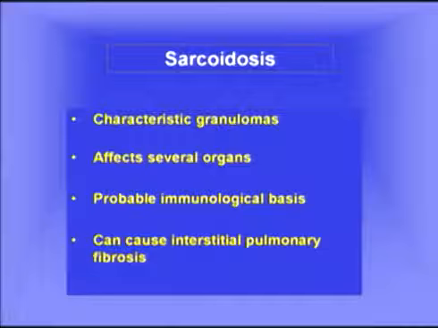Okay, now let's move on and look at other diseases that can cause interstitial fibrosis. I'm not going to go into these in detail because the pathophysiological, the functional changes are similar in all these conditions. But we should just mention sarcoidosis, for example, which is a disease that can cause interstitial pulmonary fibrosis in the later stages.